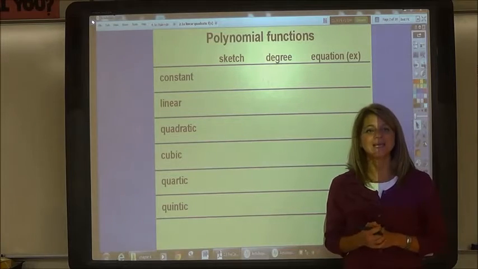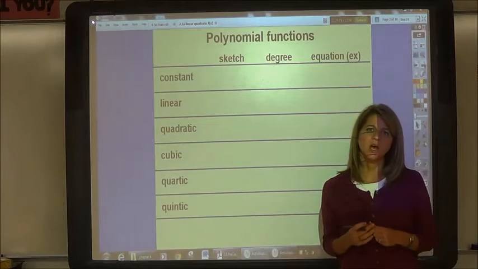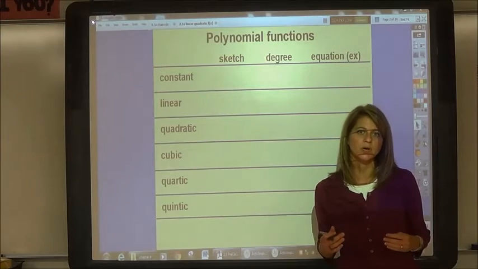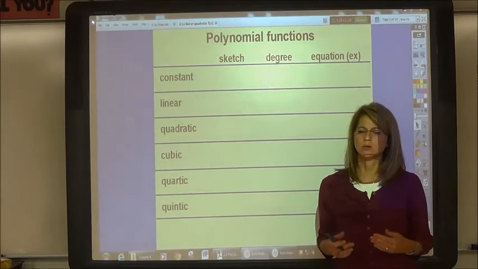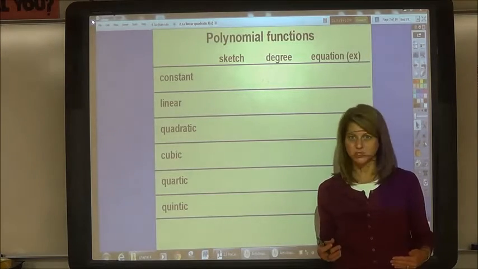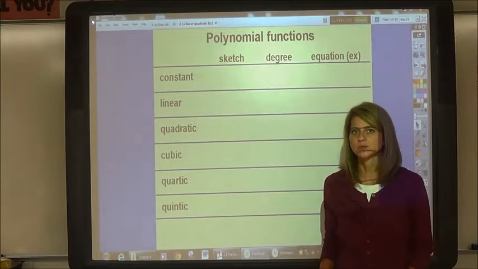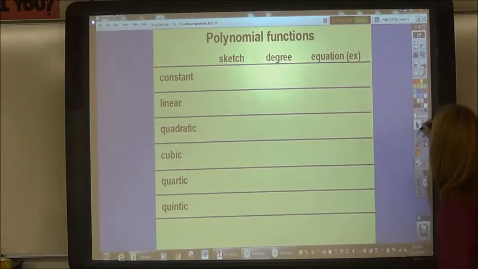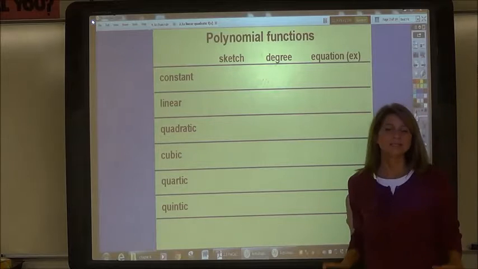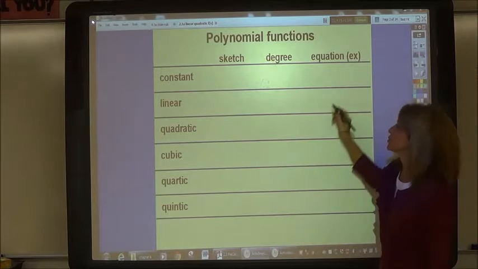Our very first kind is a constant function, and a constant function is when y equals a constant number, like y equals 2, or y equals 3, or y equals -6. You know what those functions look like, right? So let's take notes on constant functions. A sample equation could be y equals 2.